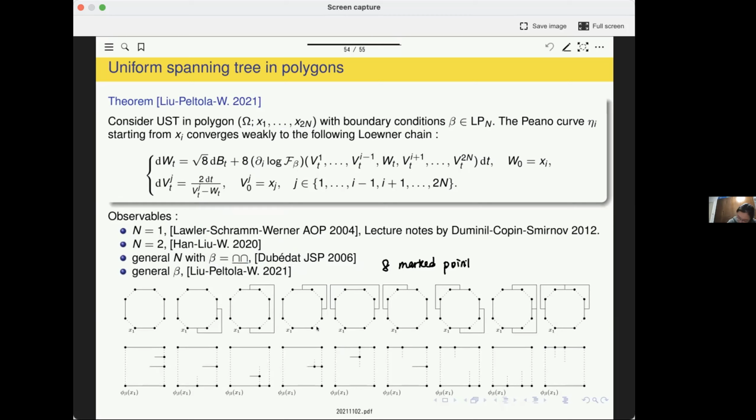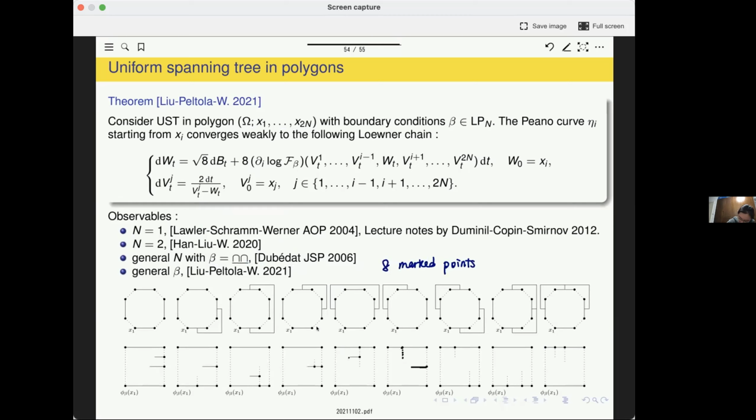When there are 8 marked points, there are various possible boundary conditions on the outside. And for each one, in fact, we define a proper observable. This observable is the conformal map from the polygon to a rectangle with horizontal or vertical slits.